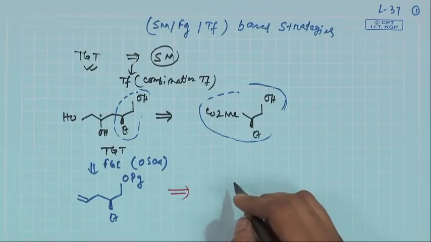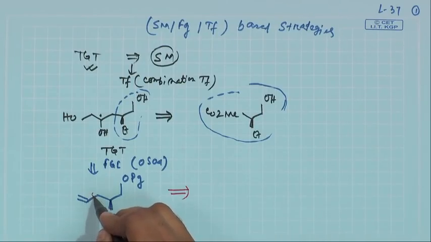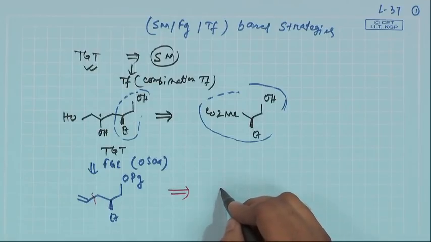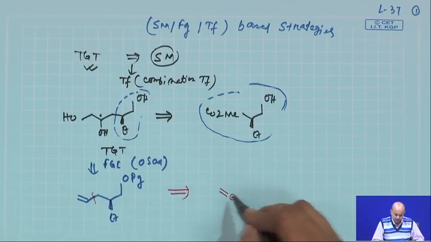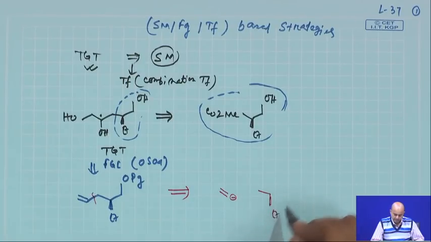Okay. Now, we will again disconnect the molecule, and now we will be doing a disconnection here, and this disconnection basically will give you an intermediate something like this.